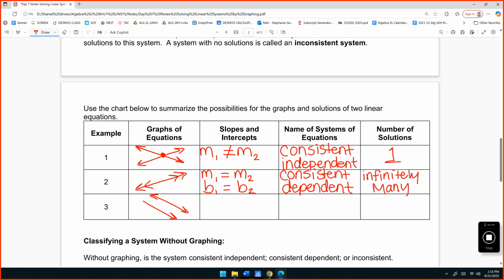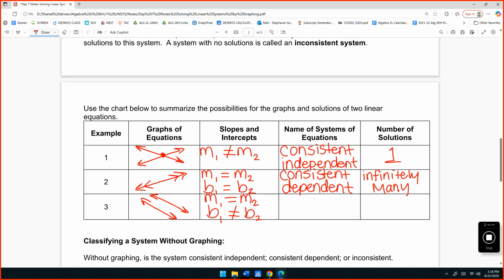In that case, the slopes were equal, right? M1 equals M2. What about our y-intercepts? Not equal. So B1 does not equal B2. That's how we get parallel lines.